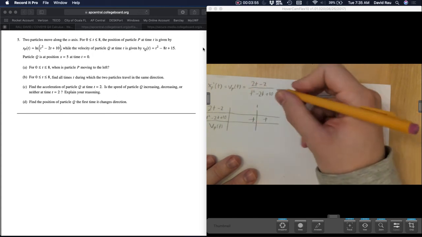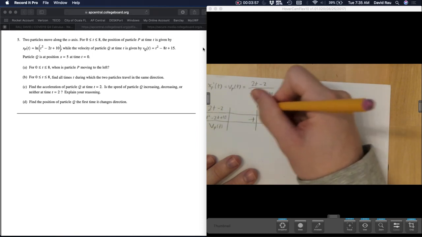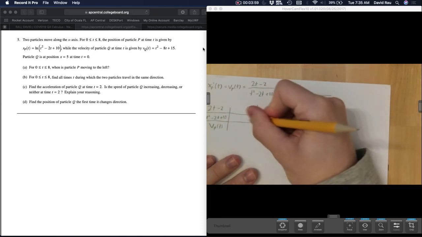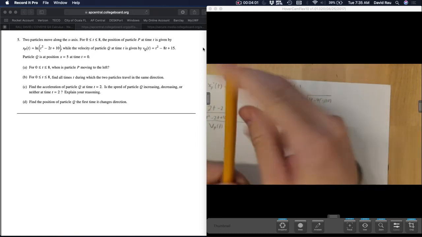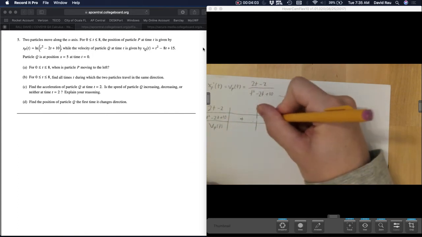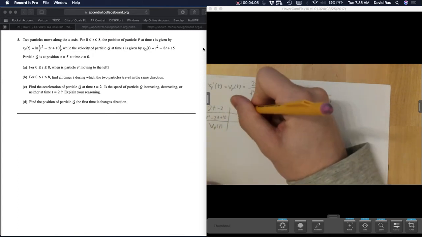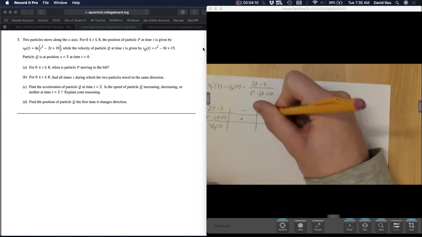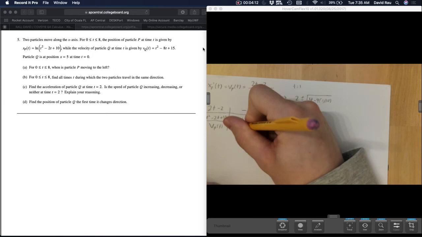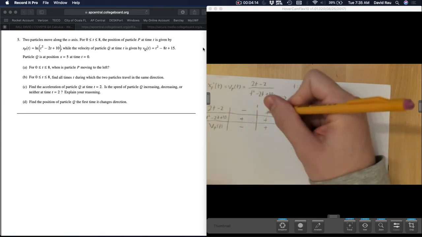At 1, we have a different thing going on here. So the denominator is positive always. The numerator, if you plug in something less than 1 like 0, you'd get a negative. If you plug in something after 1, you'd get a positive. So here we have negative and positive.